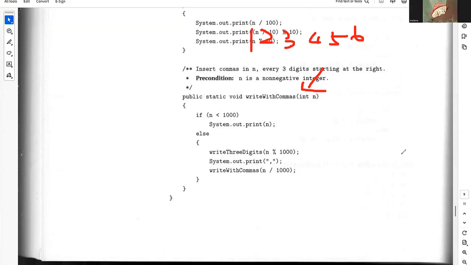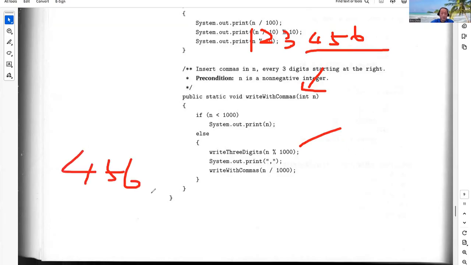It'll print 1, 2, 3, comma 4, 5, 6. No. You write this first, so it's 4, 5, 6, comma 1, 2, 3.